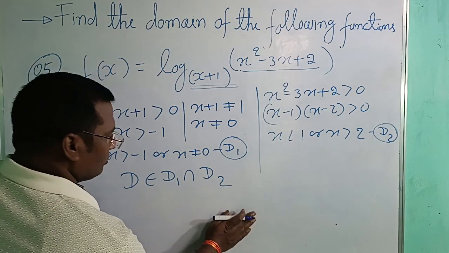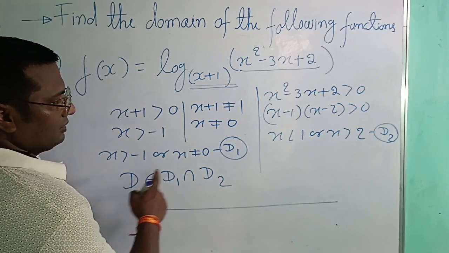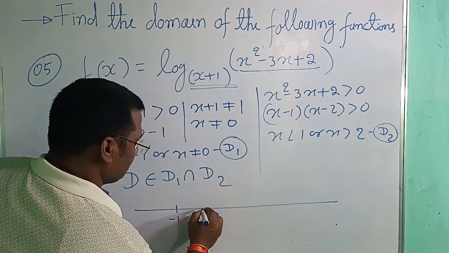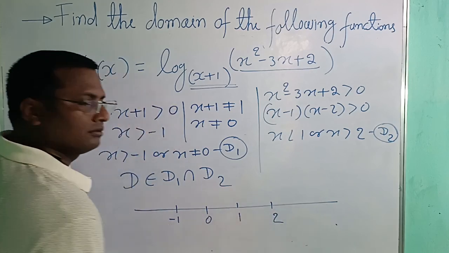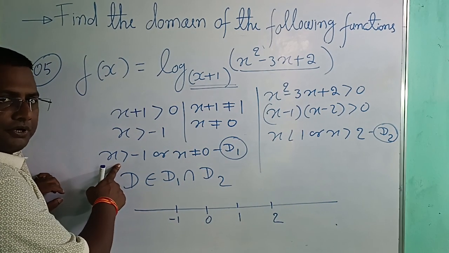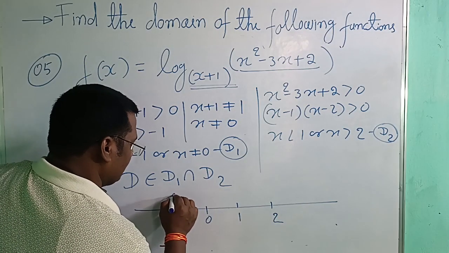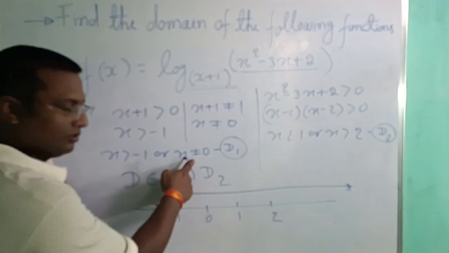Okay. So on the number line, this is minus 1, this is 0, this is 1, this is 2. Okay. Condition of D1, x greater than minus 1, this is here. X should not be equal to 0.